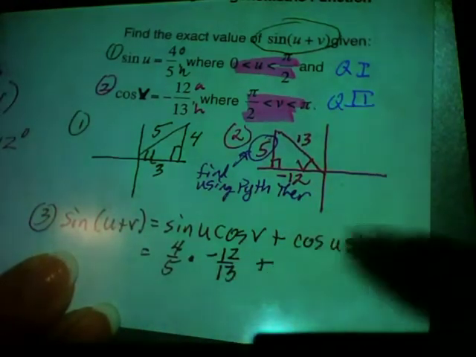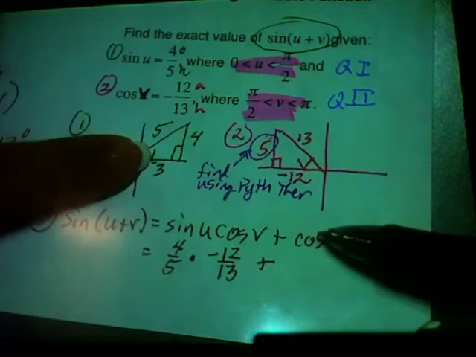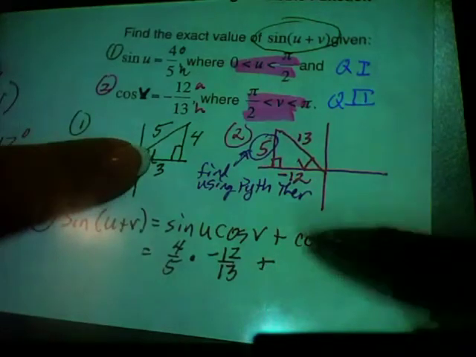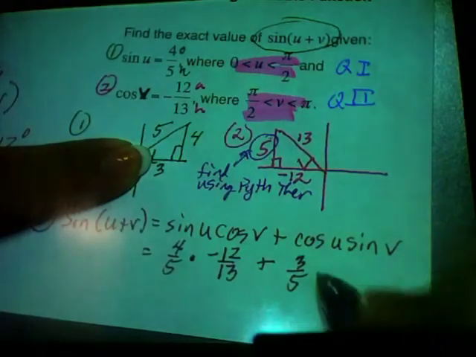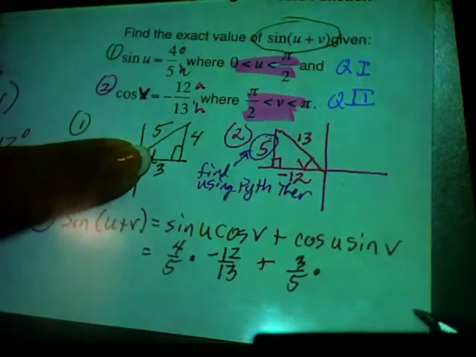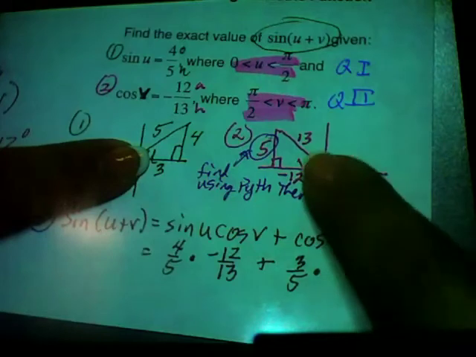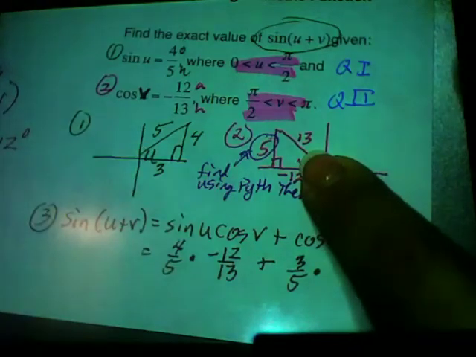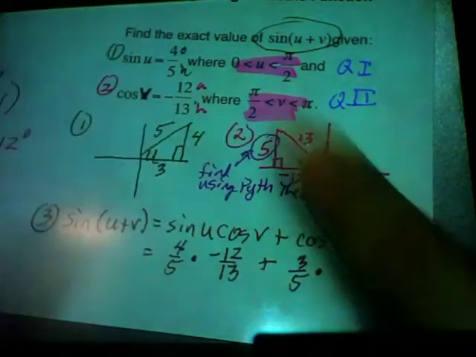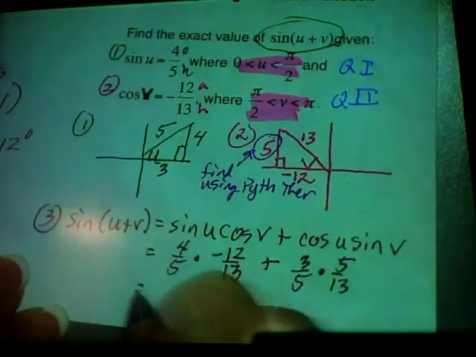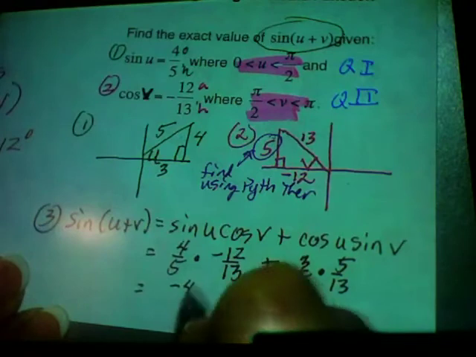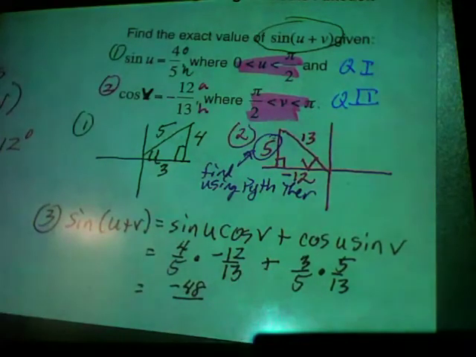plus cosine of u. Well, this one they didn't give to us, and that's why we did all this. So the cosine of u is adjacent over hypotenuse. Wouldn't that be 3 over 5 times this sine of v? They didn't give that to us, so that's why we did this. Opposite over hypotenuse is 5 over 13. So multiply. 4 times negative 12 is negative 48. 5 times 13 is what? 65.